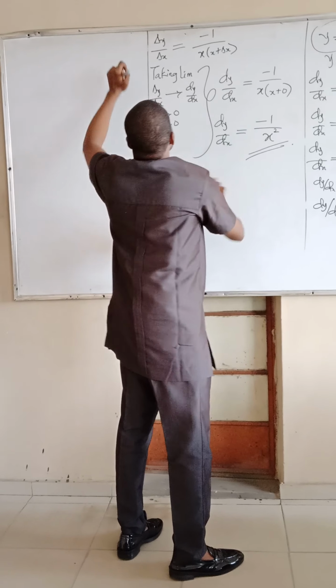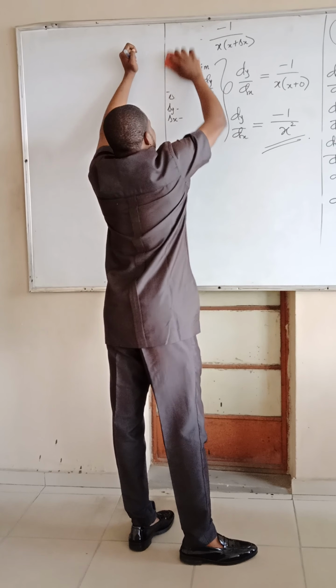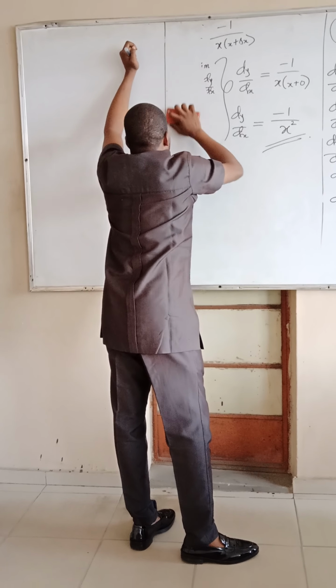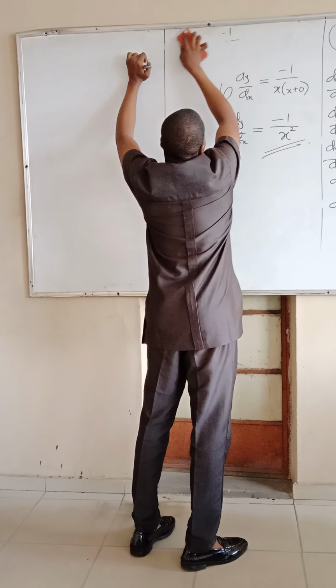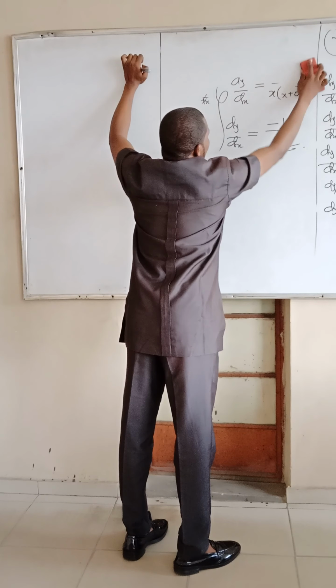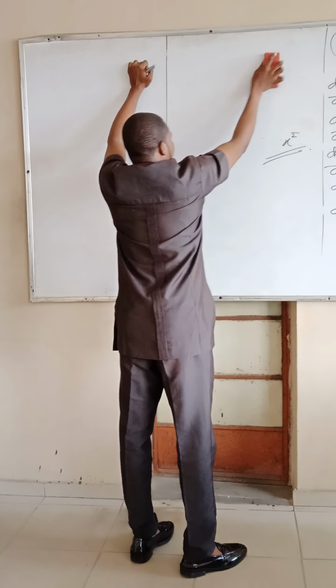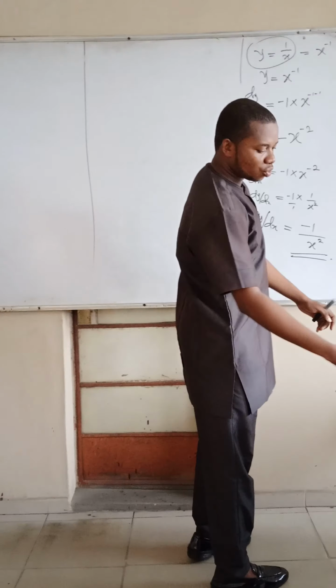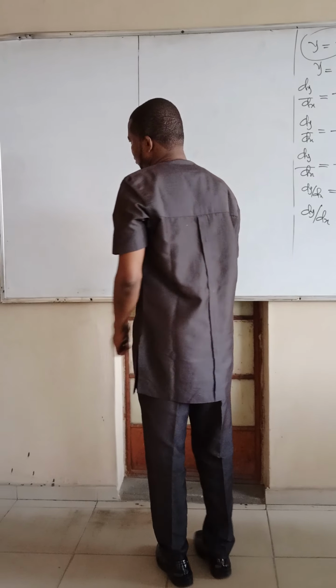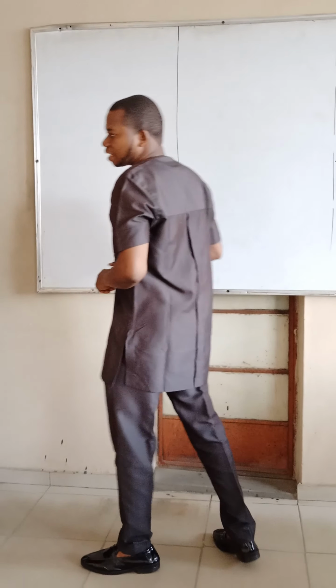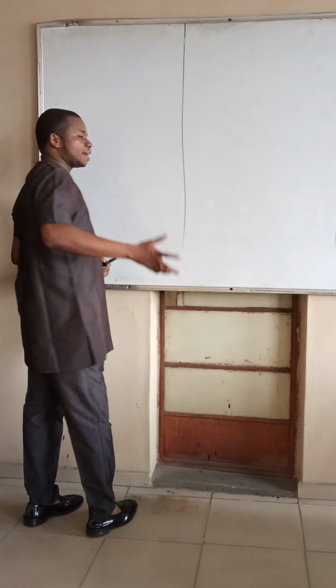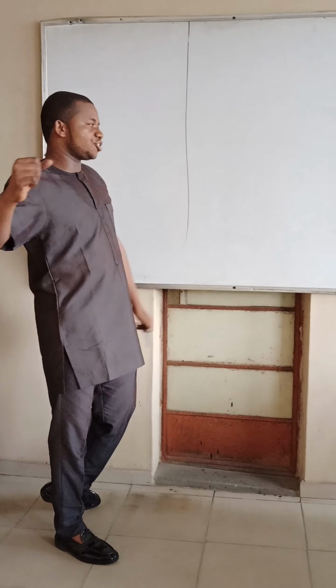Yes, in mathematics, you must learn step by step. One leads to the other. You don't jump one step for another. You must do well and be a good mathematics student. You must understand this concept and obey it adequately.